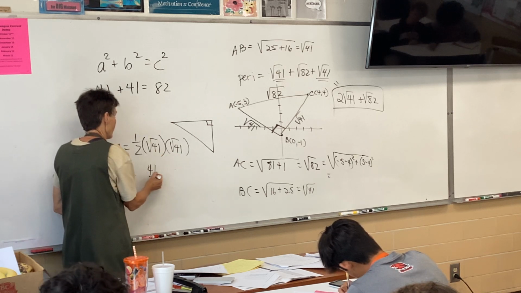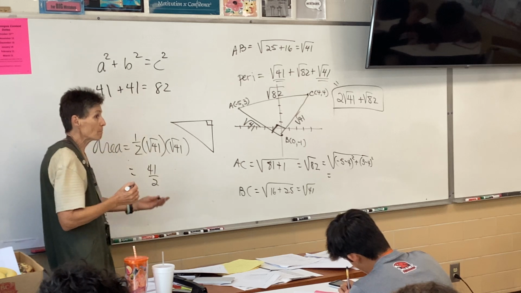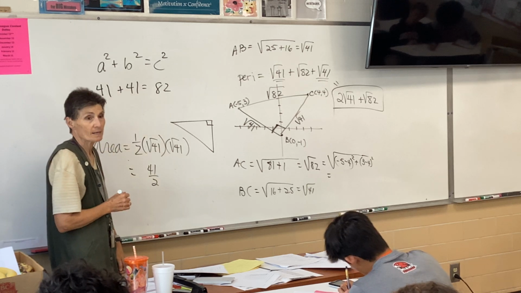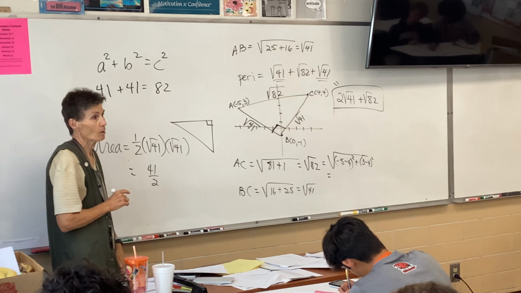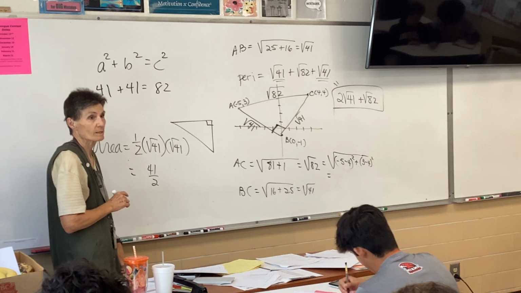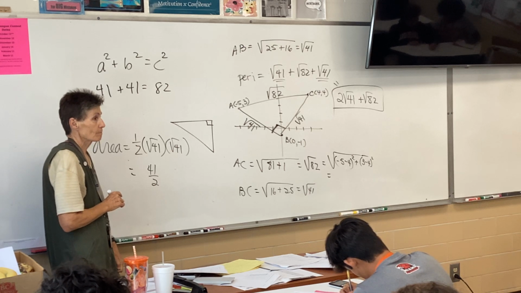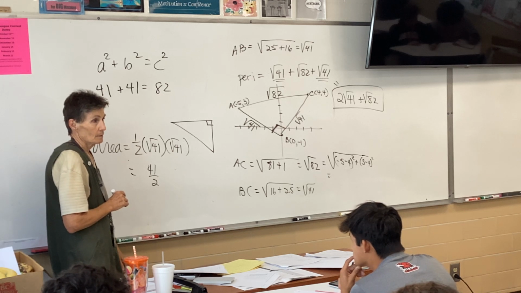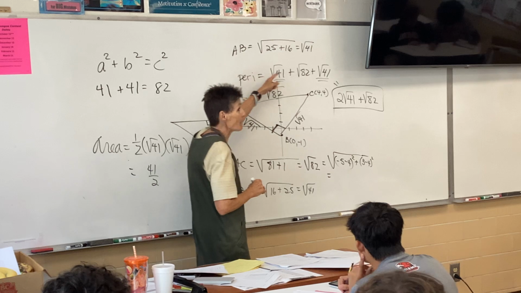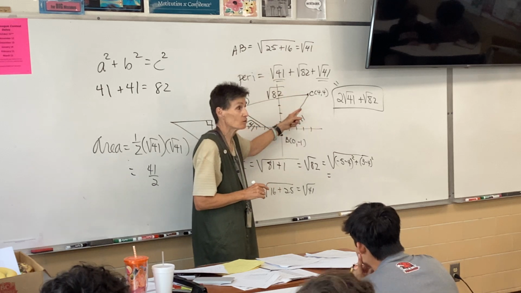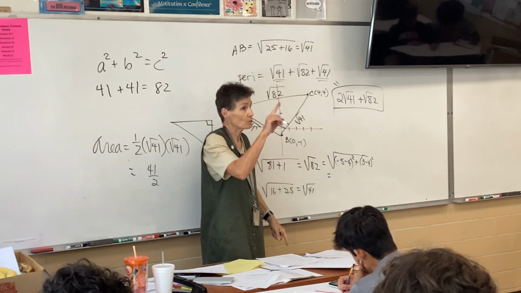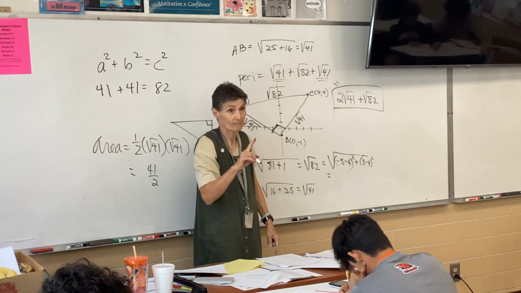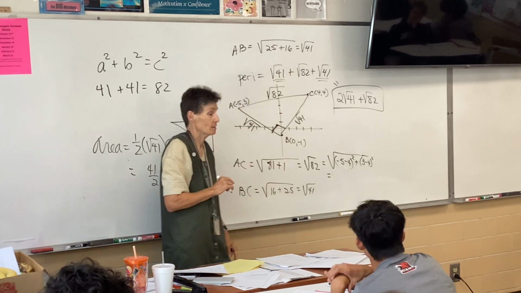So I have 41 over 2, or 20.5 as my area. That's a challenging problem. That's a tricky one. That'll be for the A students. This is for everybody. Everybody can find perimeter. Nothing tricky about perimeter. You just gotta do your distance formula and add them up, right? That's not a challenge.